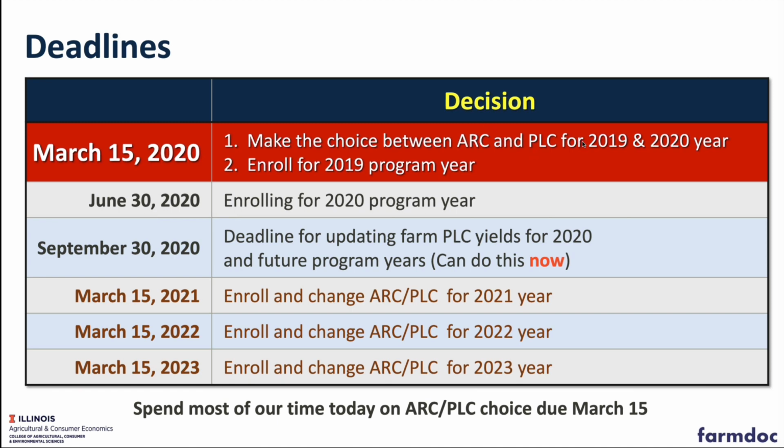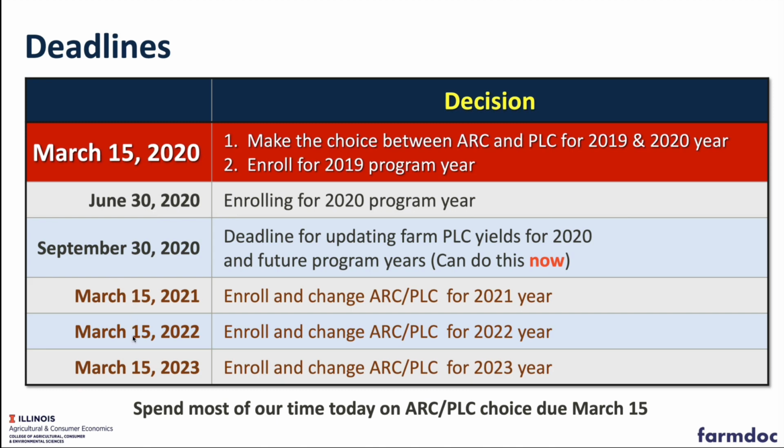And if you're taking RP, I would strongly consider taking SCO. If I took ARC County, it's not eligible. So those are some of the dates, and we're going to spend most of our time on this ARC PLC choice because this is the number one choice you've got to make by March 15th. And actually, you've got till the 16th this year because March 15th is on a Sunday.